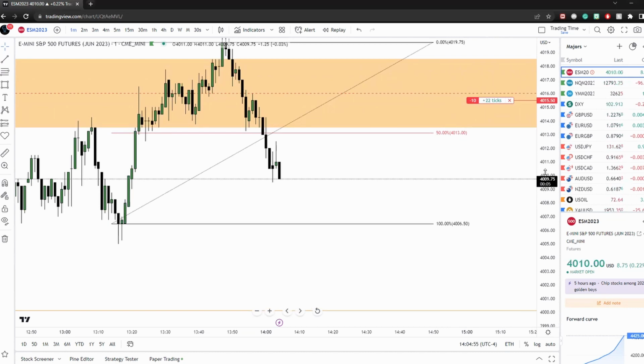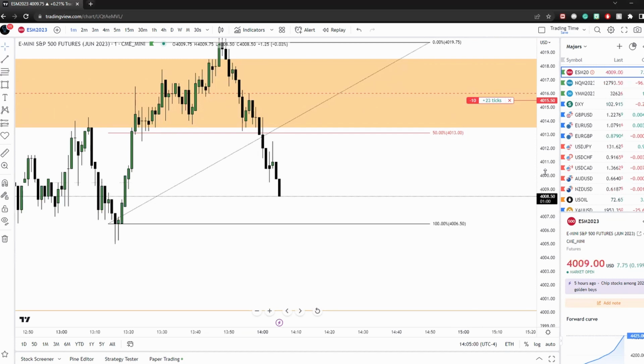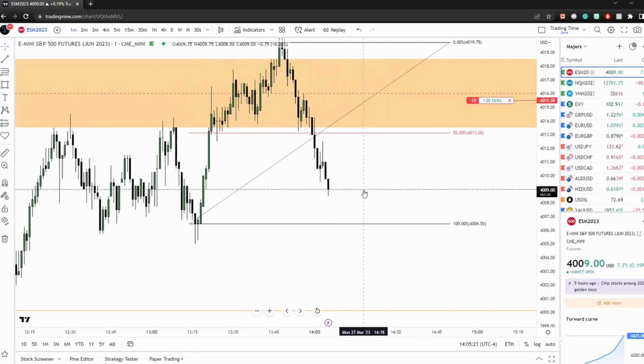And yeah, nice, beautiful move lower. So watching price go lower here.